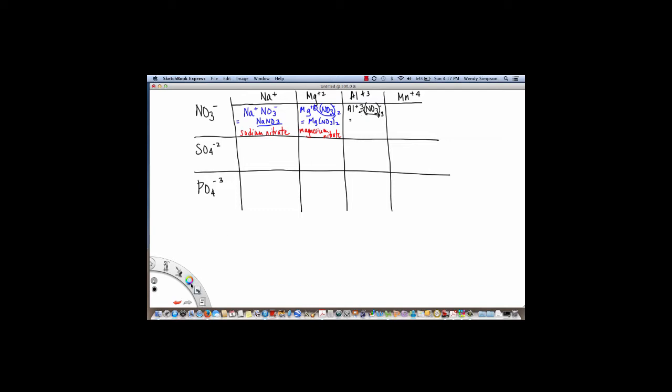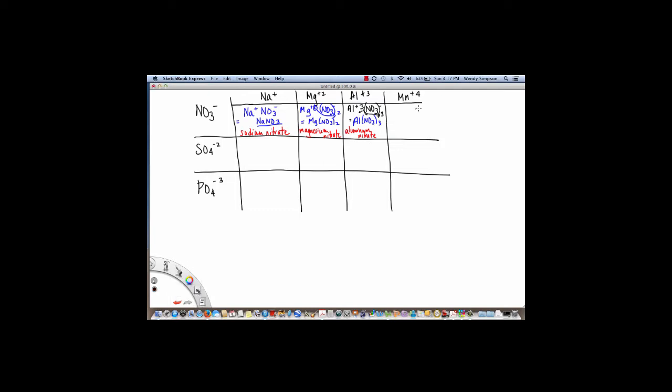So when we write our final formula, we end up with Al(NO3)3. Again, remember, we're putting parentheses around the entire polyatomic ion before we add our subscript. And the name of the compound, aluminum nitrate.